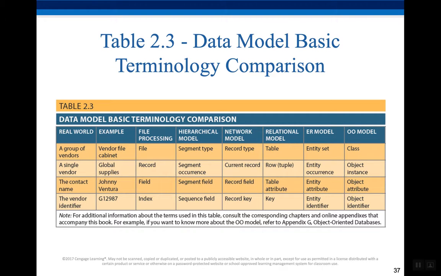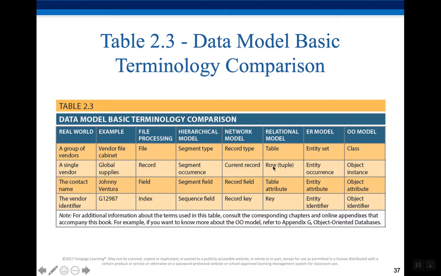All right. Just some basic terminology. Each one of these models, whether it's a file or hierarchical or network or relational, has its own terminology. A lot of what we're going to be focused on is the relational model. So a group of vendors is stored in a table.